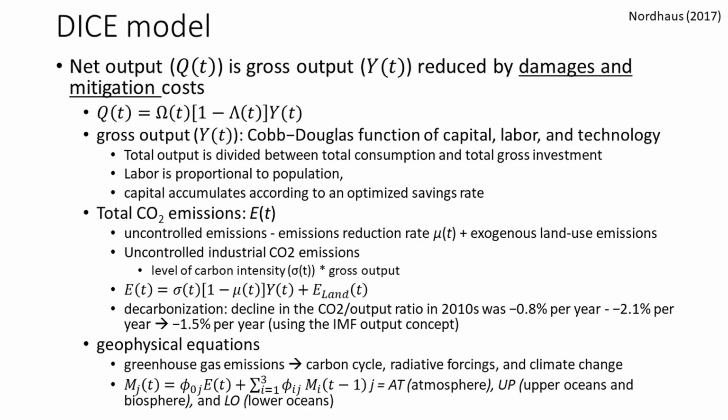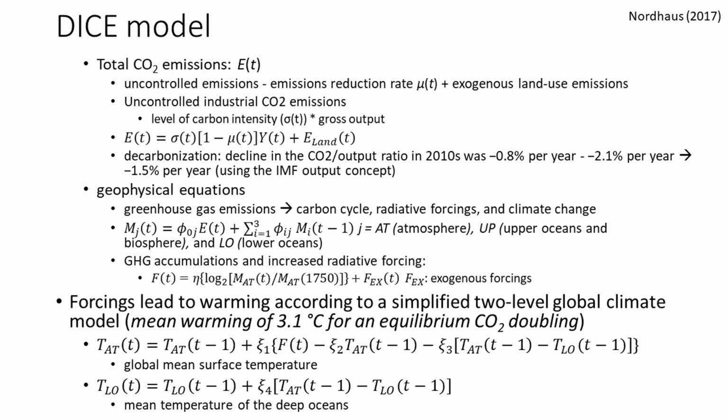But they are able to build it into the model because we have some kind of reliable measurements at this level, or at least estimations. So if we are going forward, then there are accumulations and increased radiative forcing. So how these things are moving here and there.